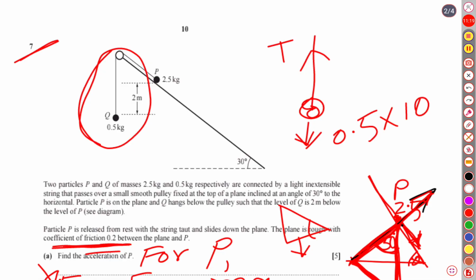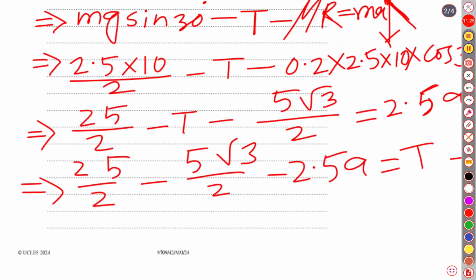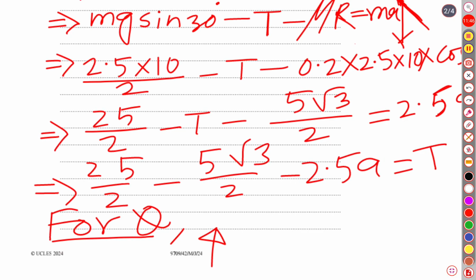So let's start writing for particle Q. As it is going upward, let us draw the upward mark. Let me resolve the forces of Q just beside this, as it has sufficient space over here.